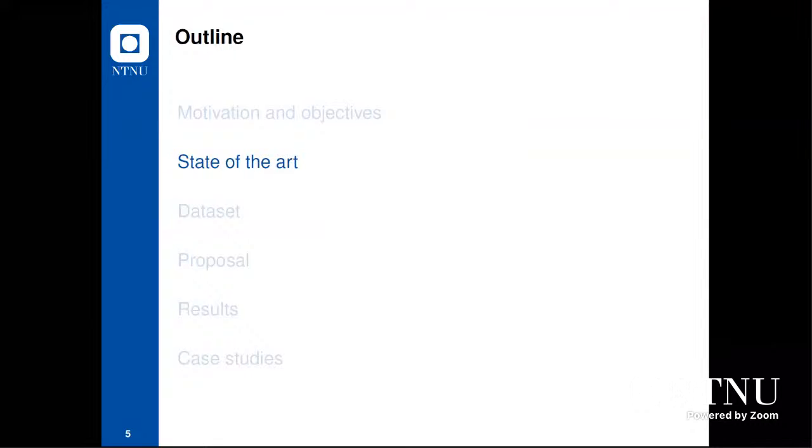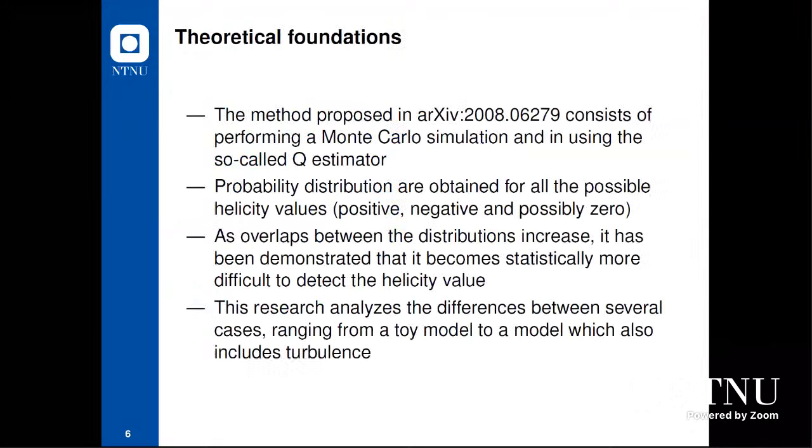So the idea is that this is the state of the art so far. This is an article that has been published in 2019 or 2020, but anyway, it is a very recent article. The proposal to calculate the helicity value, that is, positive is 1, 0 is 0, and negative is -1, is to calculate a value that is called the Q estimator.